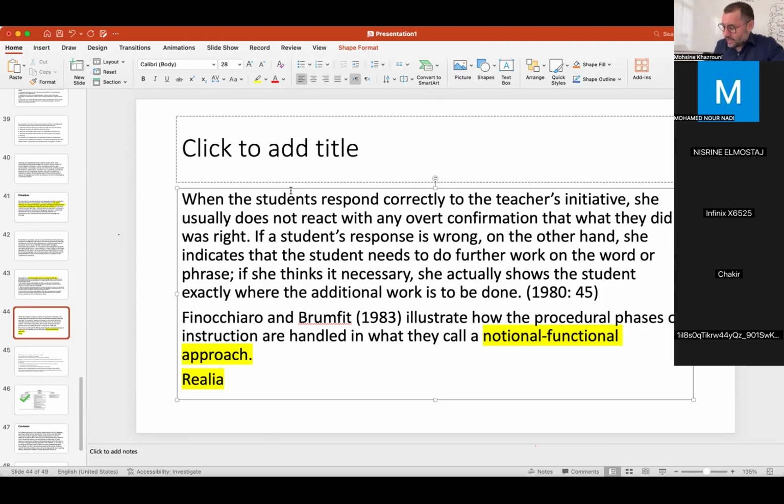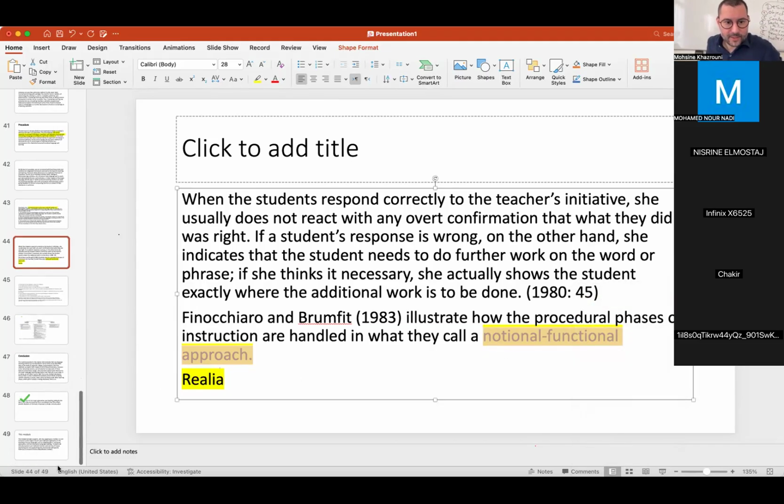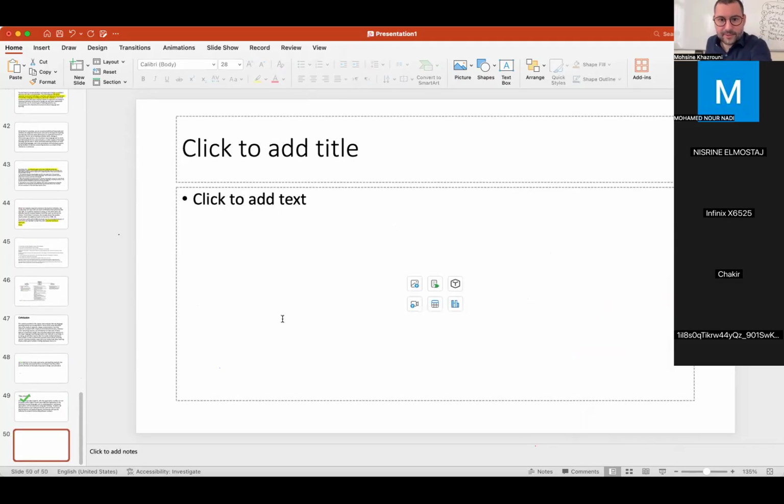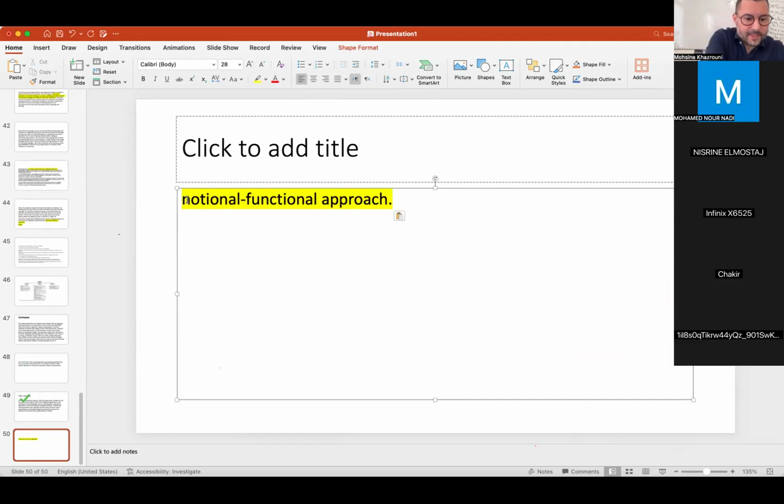So let's repeat them. Can you repeat them? I'm gonna write them on a separate slide. Yeah, sure. Notional functional approach. Can you see it? That's the first one, right? Yes. Number 2, the second one is realia.